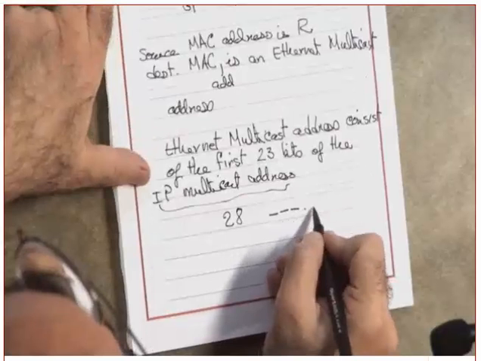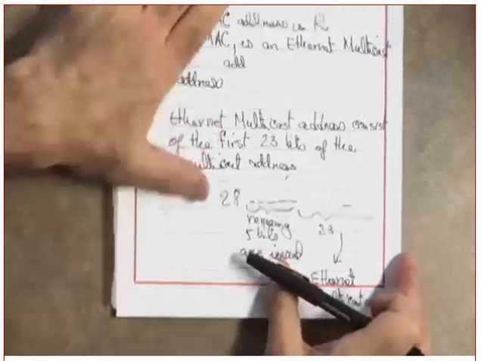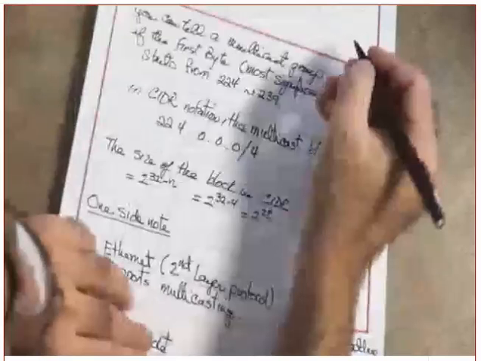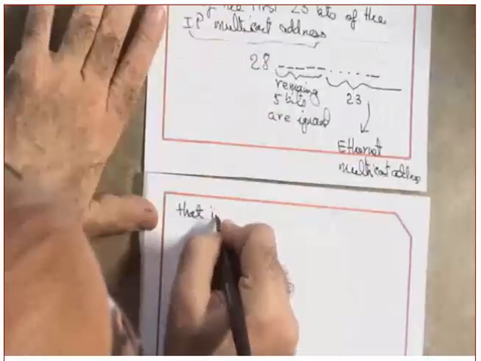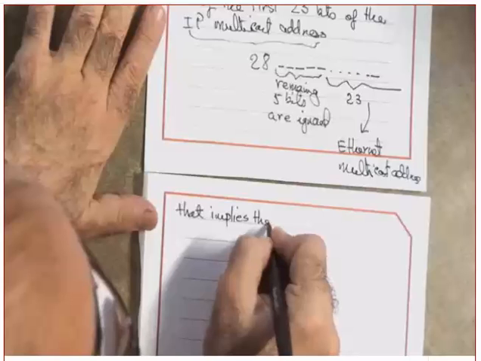Multicasting, they use this is a 0, and this one here is 23 bits. So the mapping: these 23 bits are the 23 bits in the IP multicast address.